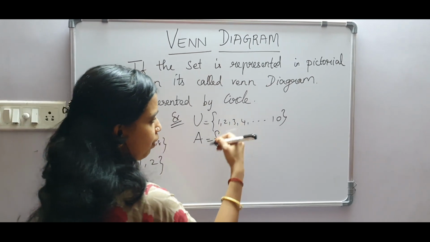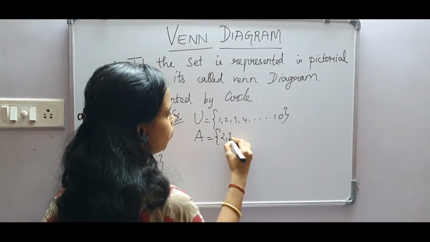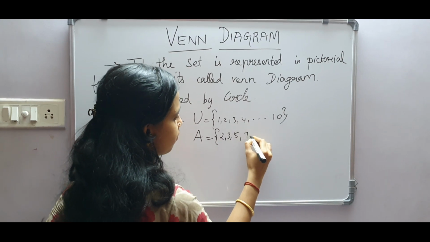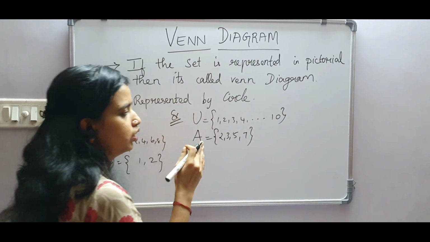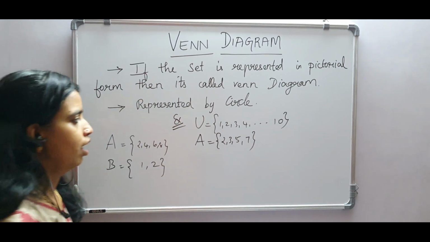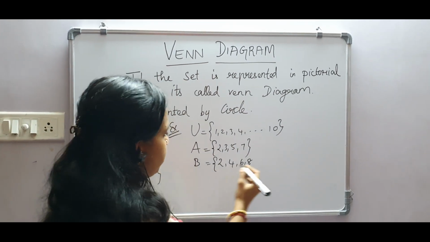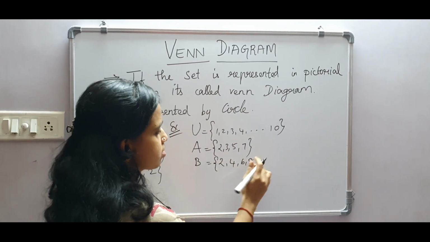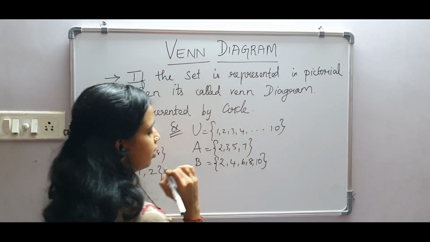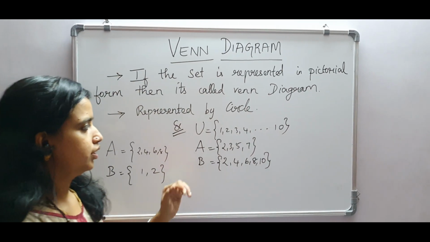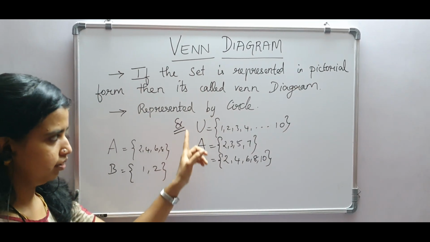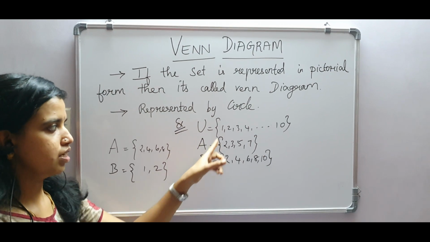We can take it as prime numbers, that is 2, 3, 5, 7, that's all, right? Set of prime numbers up to 10, and take the B elements as 2, 4, 6, 8 and 10. This is the set which I represent in roster form.